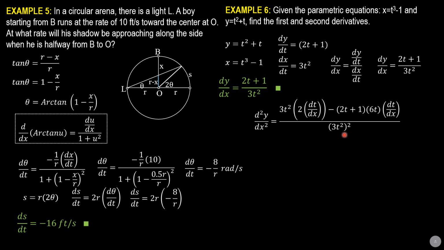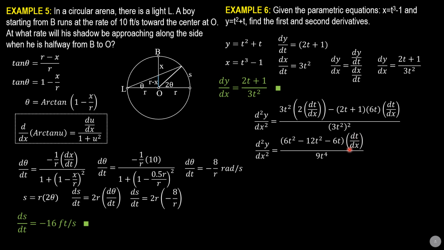So simplifying, factor out dt/dx. So we have 6t squared minus 12t squared minus 6t, quantity dt/dx, all over 9t to the fourth.